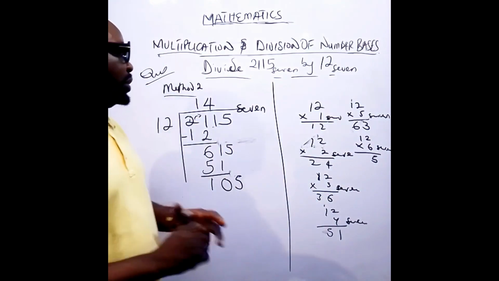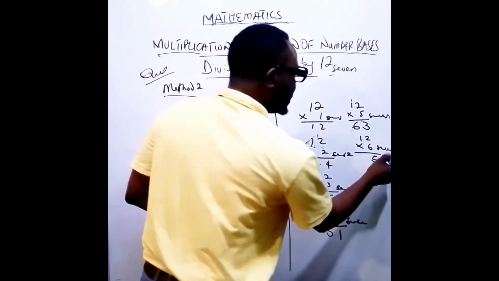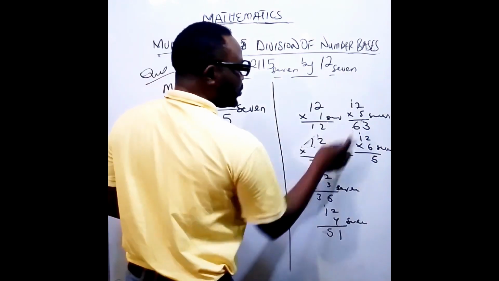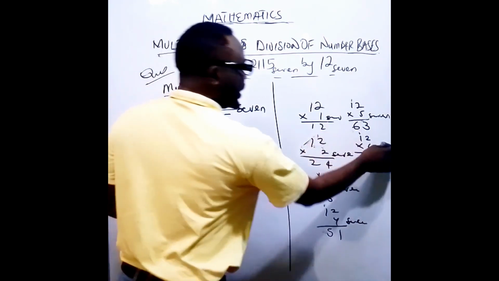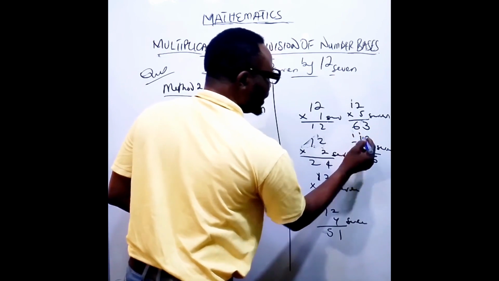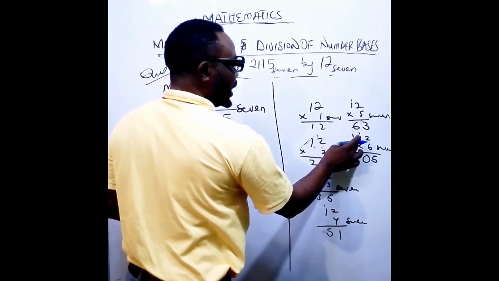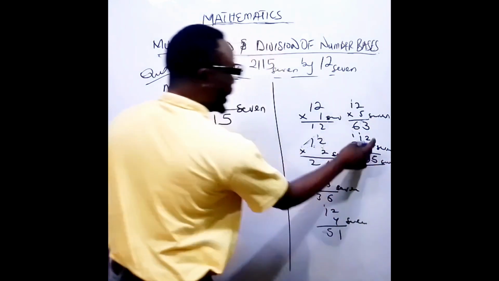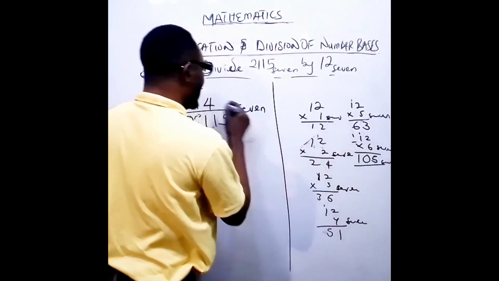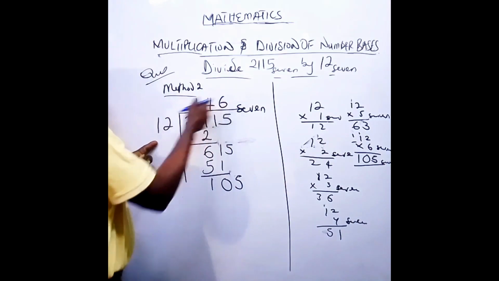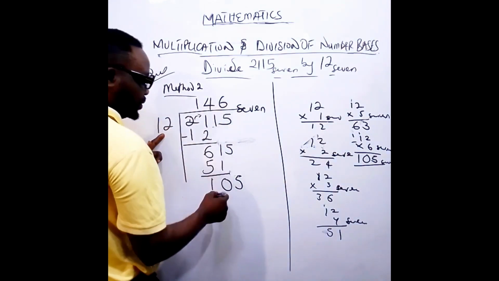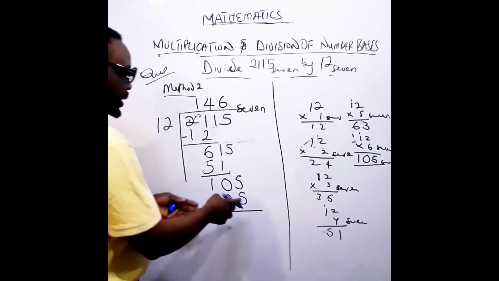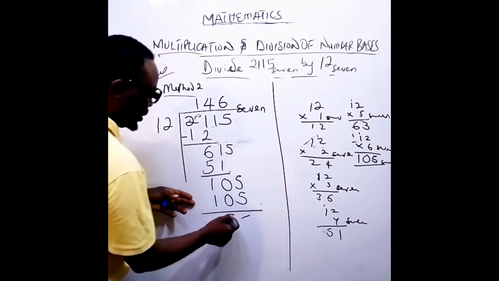Now, 6, how many 7 do I remove? 1. 6 times 1 is 6, plus that 1 will be 7. 7 minus 7 is 0. I remove 1 again. 6 times 0 here is 0, plus this 1 here is 1. So I can say that it is 1, 0, 5. Then I'll write 6 times 12 is 1, 0, 5. So, I can now subtract this one from each other to be equal to 0, 0, 0.